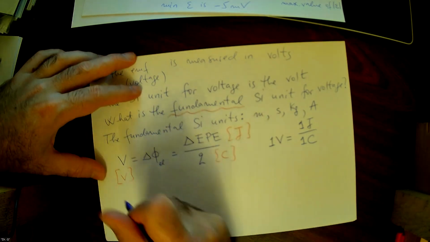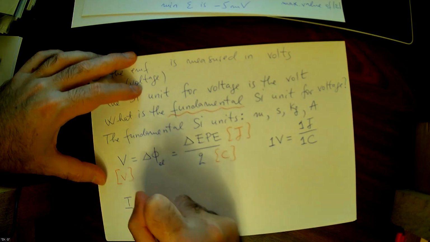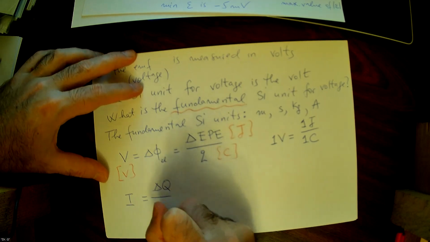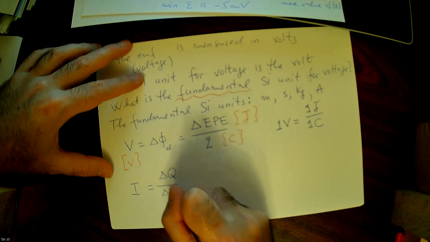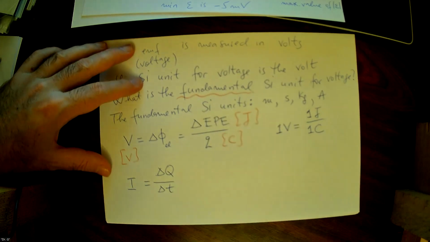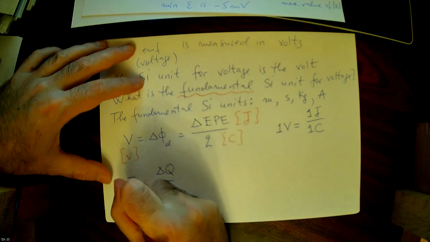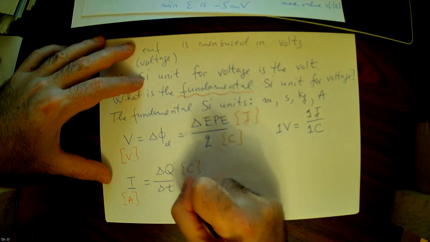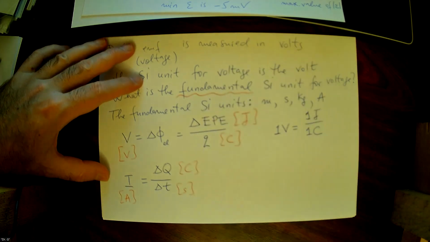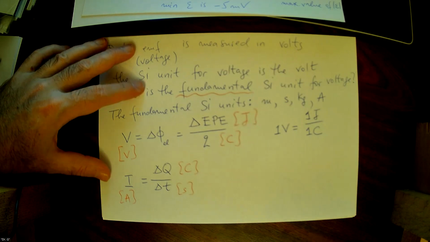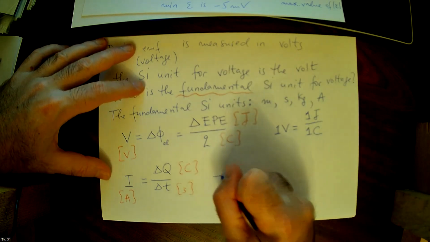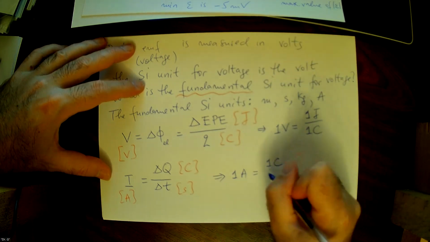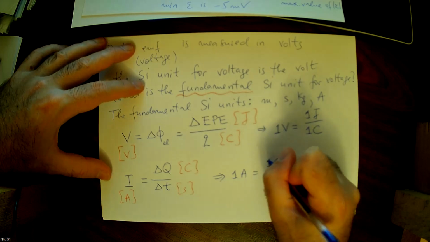So now we rely on another formula. The electric current is the electric charge that flows through a wire in a time, delta Q over delta T. The electric current is measured in amps, the charge in coulombs, the time in seconds, which means that 1 amp is 1 coulomb over 1 second.